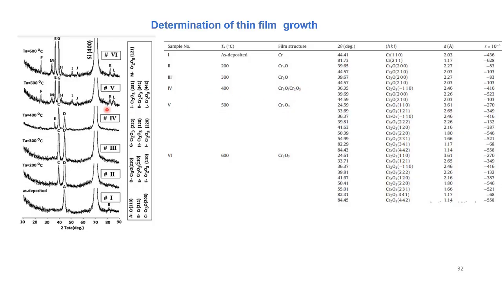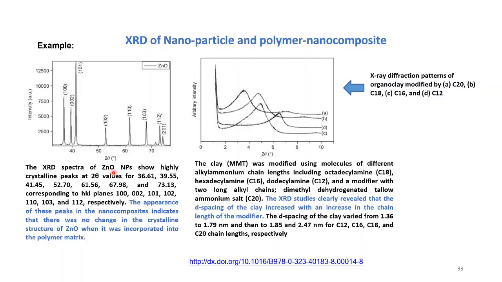And then at 500 degrees Celsius we are getting Cr2O3 majorly. So those peaks are very much prominent. And then again at 600 the same Cr2O3 is forming, but the intensity is increased. So this is how we can compare the growth of the material. Basically this is it for the thin film.